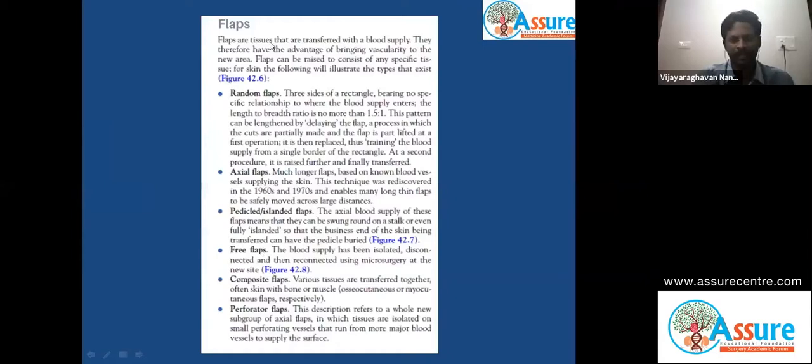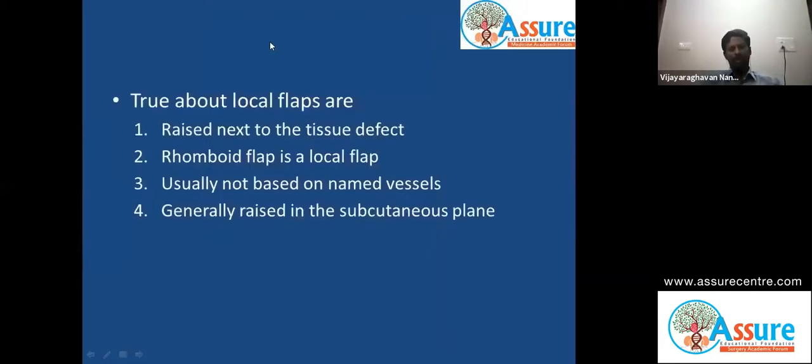For example, there are 6 participants in this session. I'm planning to classify them. I can classify them as persons who are Assure coaching class faculty, and those who are students. If I classify that, 3 persons will be Assure faculty and 3 persons will be students. Otherwise, I can classify them as subspecialists and dental surgeons.